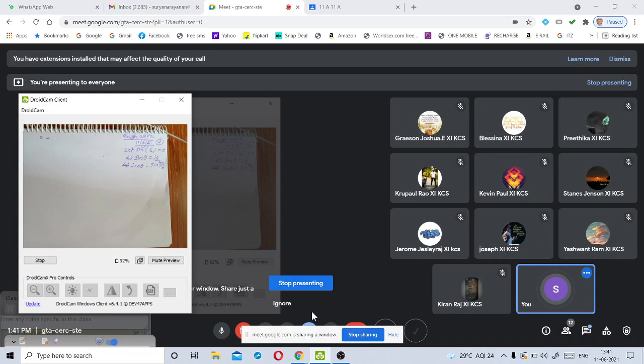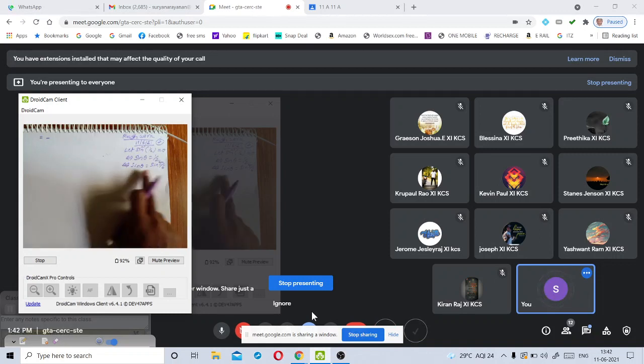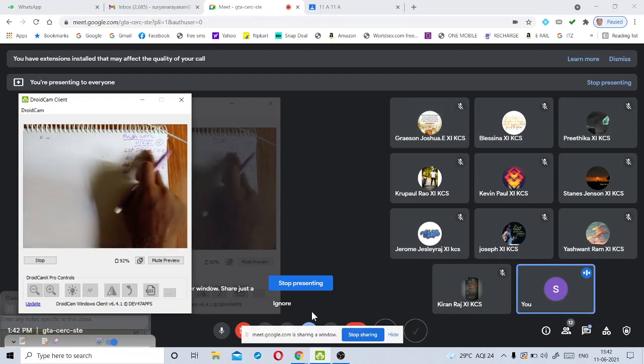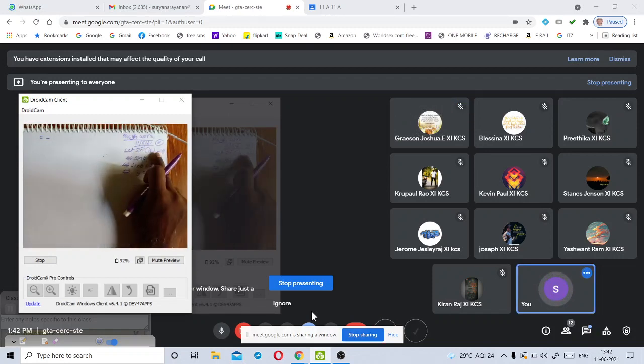Okay, my dear children. Then sin theta is equal to 1 by 2. Then what is the value of theta? Pi by 6. At the beginning step, we considered sin inverse of 1 by 2 is equal to theta. Then theta is equal to pi by 6.